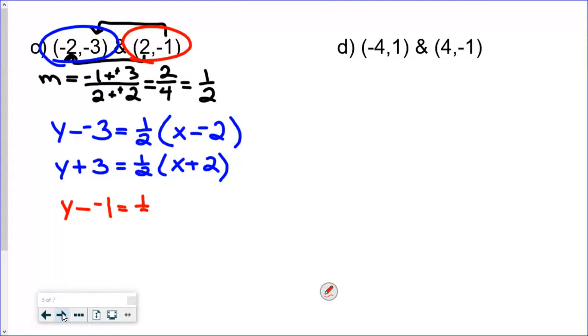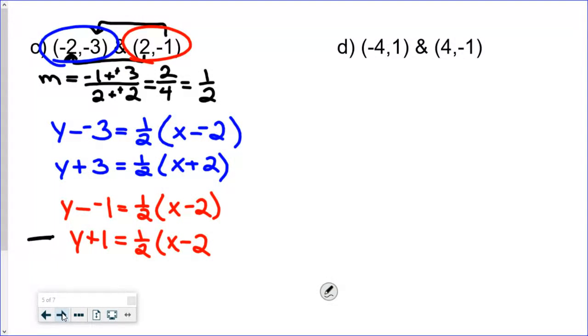And my slope is still the slope, x minus 2. But I would need to say that's a +1 and everything else remains the same. So again, this answer is your answer if you chose point 2. This is point 1. It's up to you a little bit.